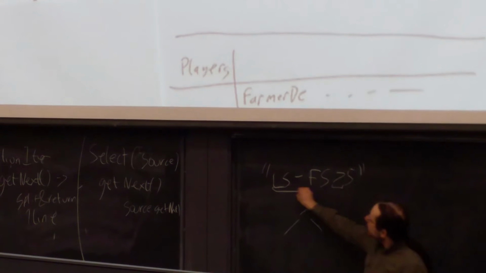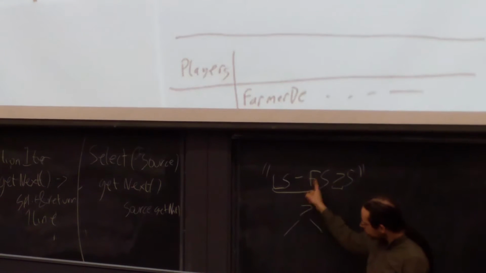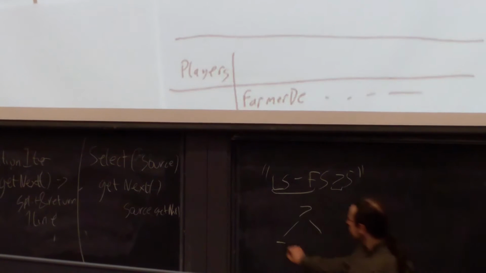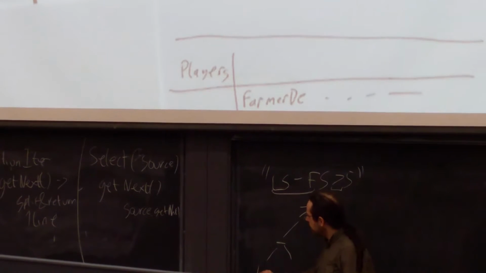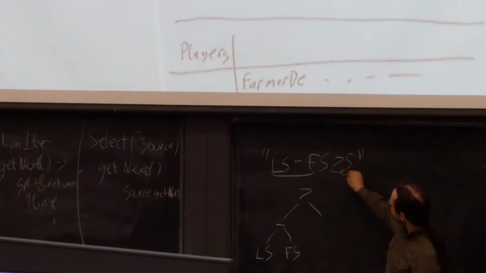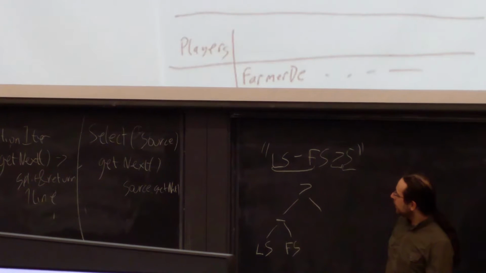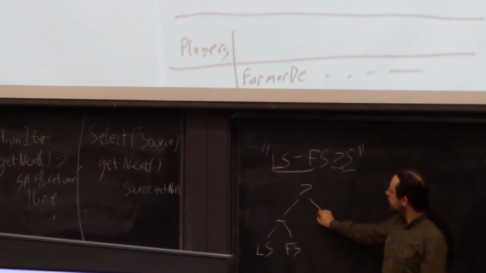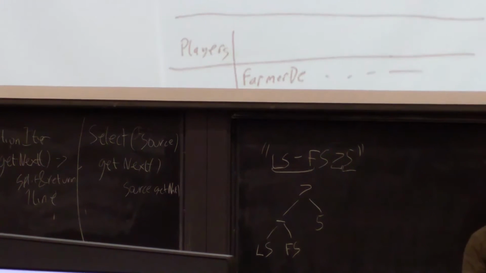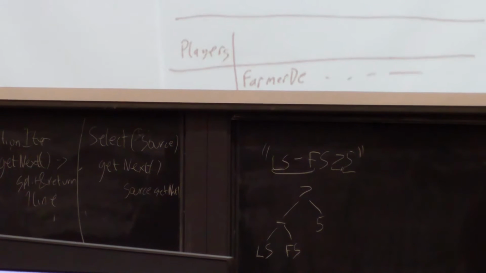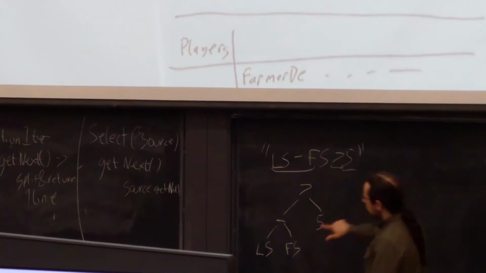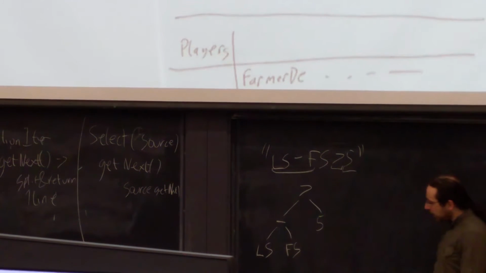The left-hand side corresponds to that expression, which can be represented as a subtraction between, again, a left-hand side and a right-hand side, LS and FS, and then the right-hand side of the greater than comparison is the constant 5.